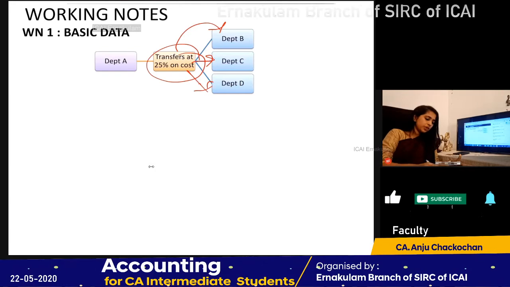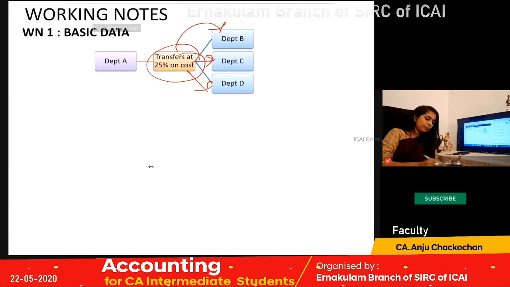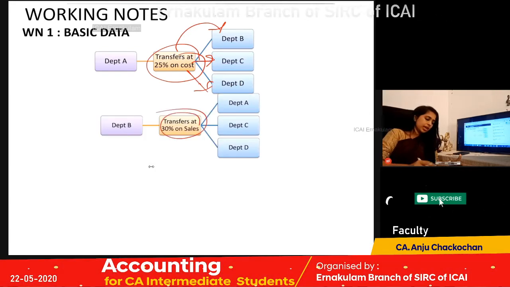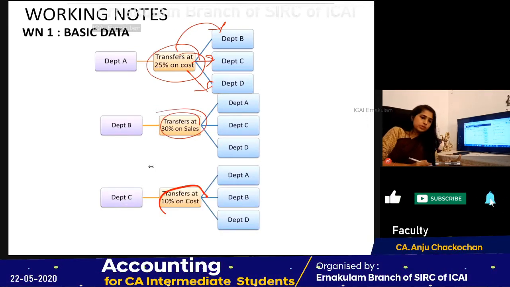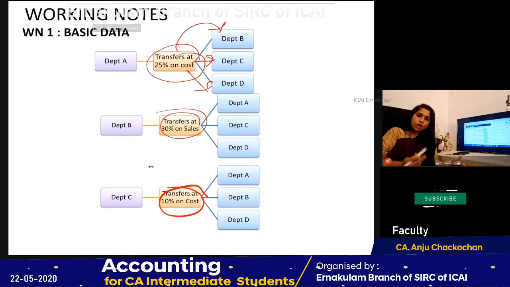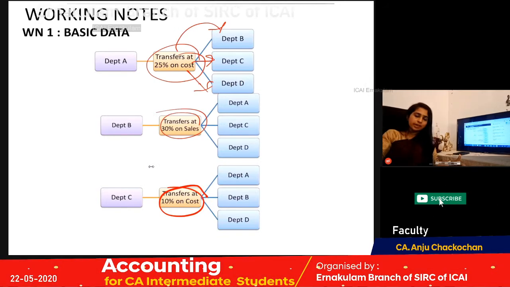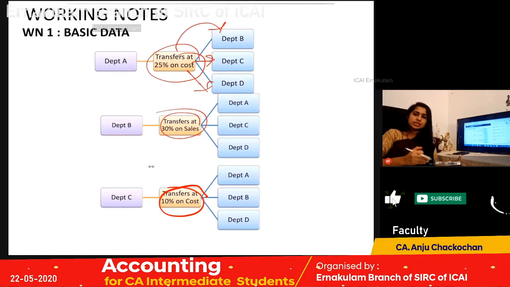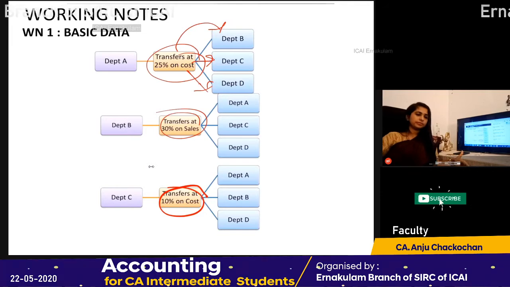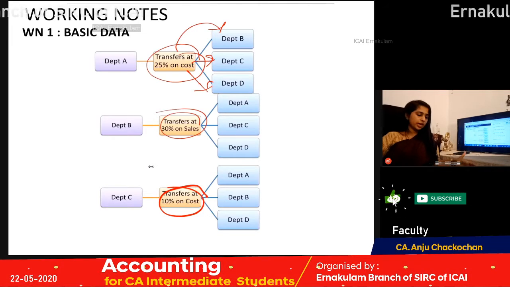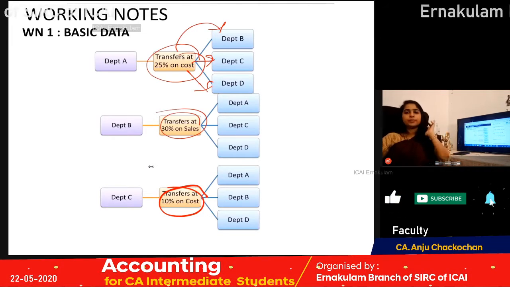Department B transfers goods to the other departments at 30% on sales. Department C transfers goods to other departments at 10% on cost. We have one more transfer coming up, which will be in the next slide. So students, please take this down and please give me a text once you're done.